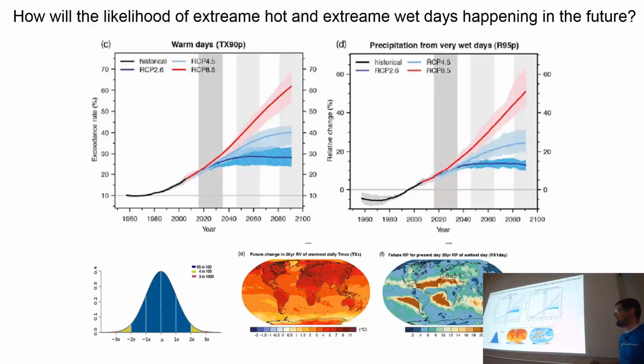And then they've seen how much that will change into the future. So in these blue regions, instead of seeing it every 20 years, we would see it every 2 years. So that's a massive increase in the wetness of these regions. Whereas in other regions, down here, they stay at once every 20 years or get longer. So the likelihood of these extreme events goes down, or it gets drier.